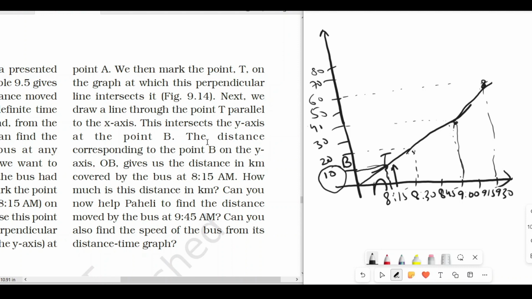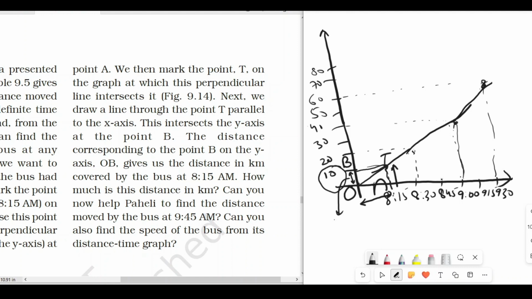The distance corresponding to the point B on y-axis, OB, gives the distance in kilometers covered by the bus at 8:15. So if this was the origin, this distance OB tells you how much distance it covered by 8:15. Okay.